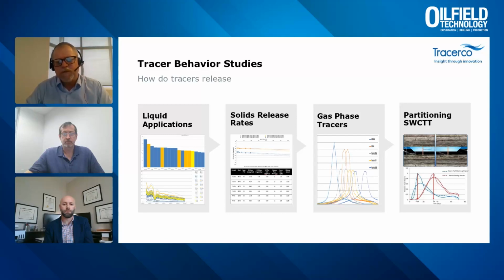So Tracerco holds extremely stringent criteria on its tracers so that they produce in a way where the reservoir is not going to influence the outcome of the results, but more the physical flow and physical phase production is related to the recovery of production of tracer.